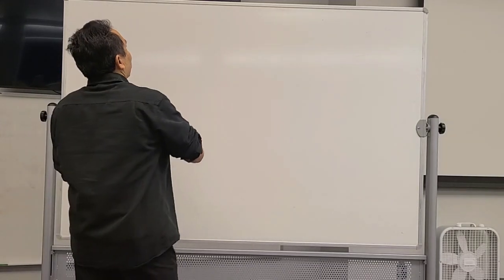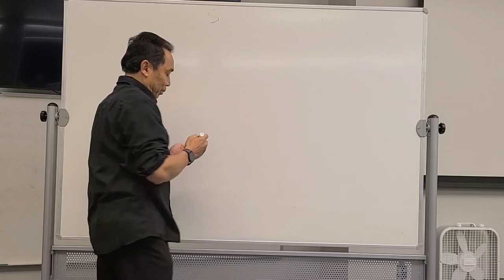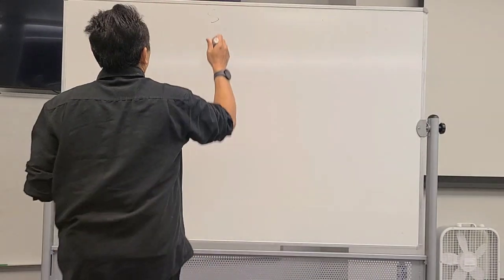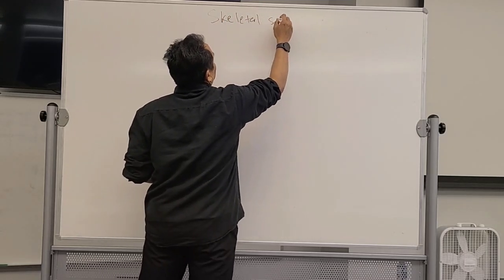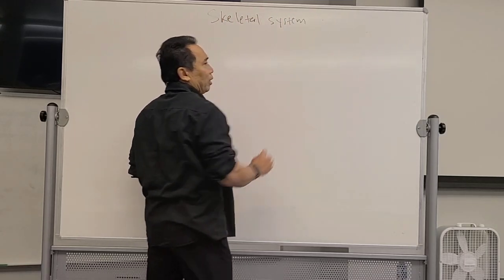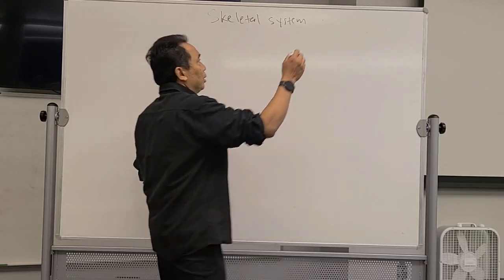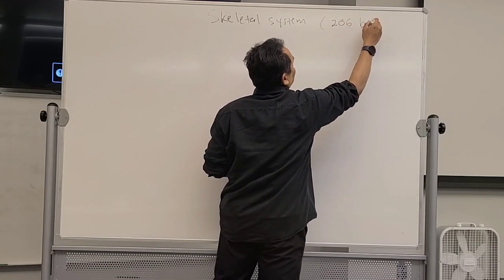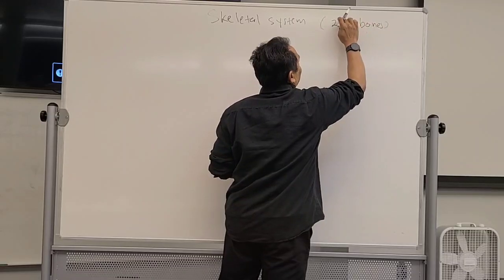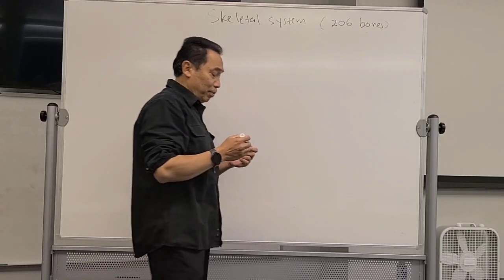Okay, so the skeletal system consists of organs called bones. How many? 206 bones. Make sure you know this number.